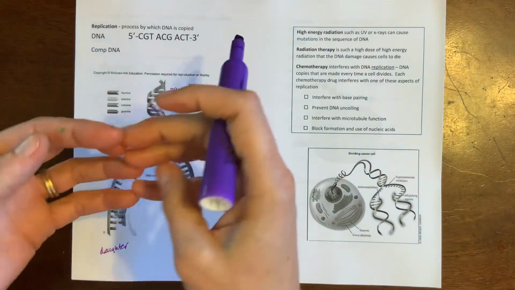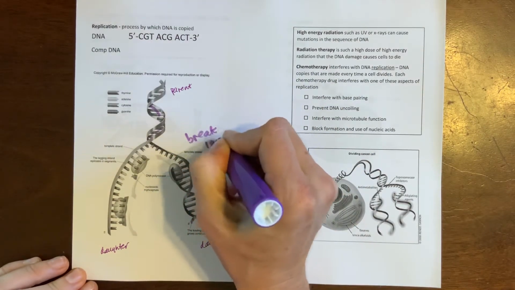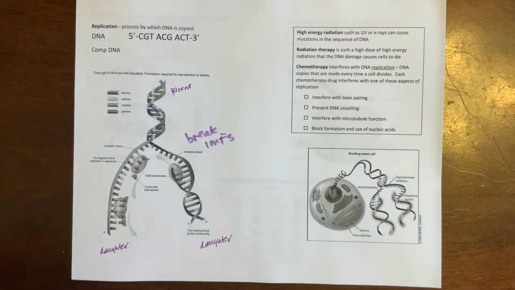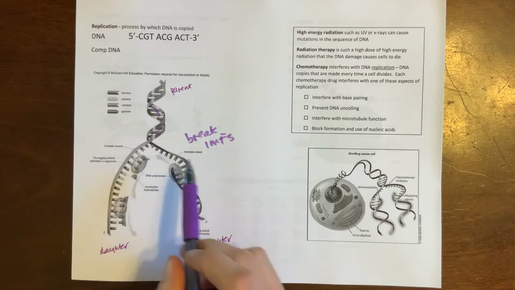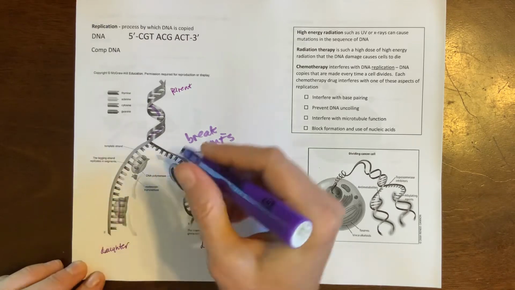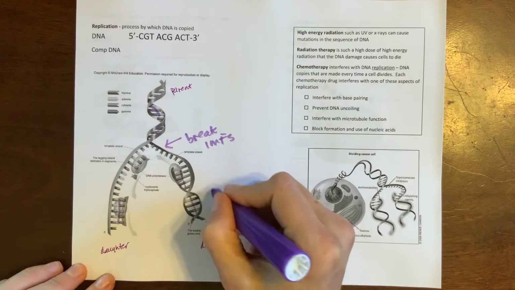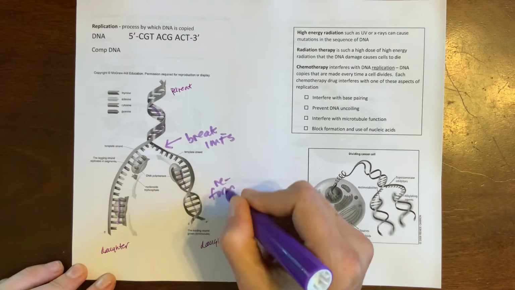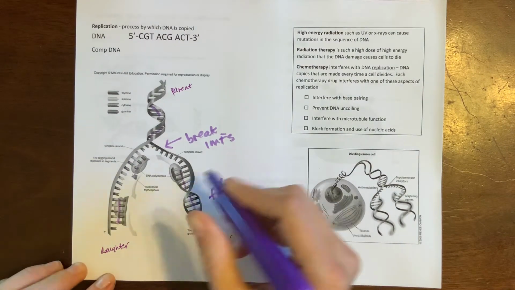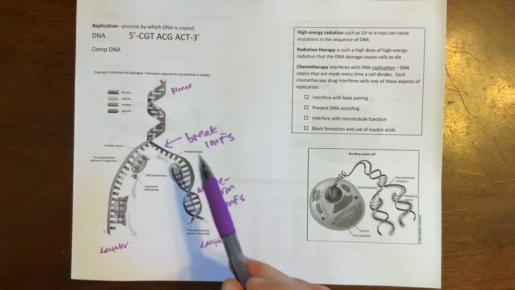And so that allows me to unzip my structure pretty well in replication by just breaking those intermolecular forces, which an enzyme helps to do. So I break those intermolecular forces, and then I start to form new ones as I build my new daughter strands here. So here I break them, and then here I reform those intermolecular forces in the daughter strands. So that is one little thing to look at.